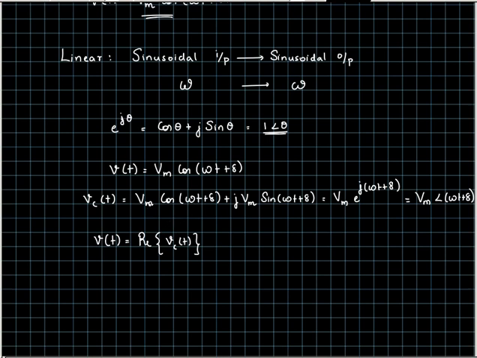So the real part of Vc(t) is the same as v(t), and I can represent it as the real part of Vm e^(j(ωt + δ)).